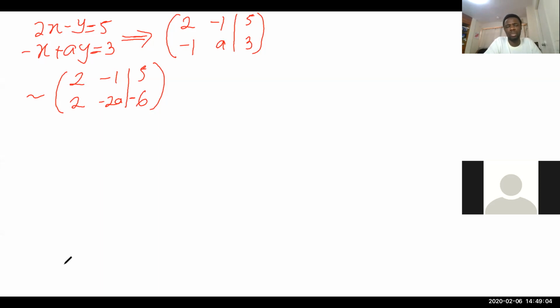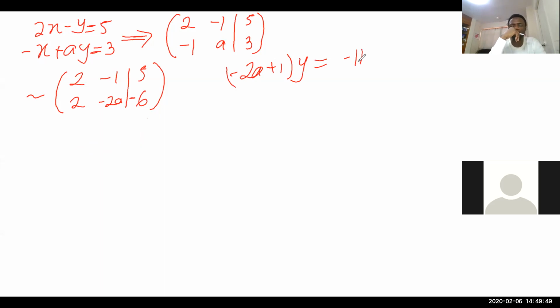The second coefficient will be -2a plus 1, and the coefficient of the answer would be -11. But yesterday you also said we can write this back in equation form, so this would become (-2a plus 1)y equals -11.